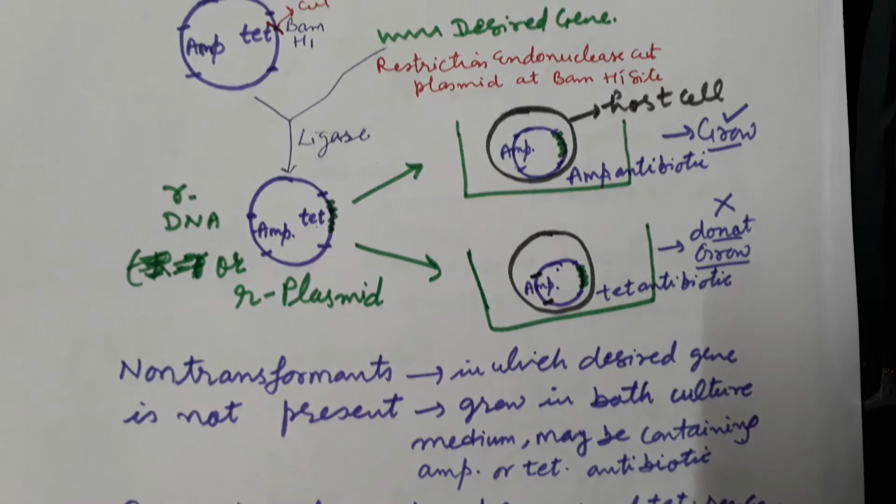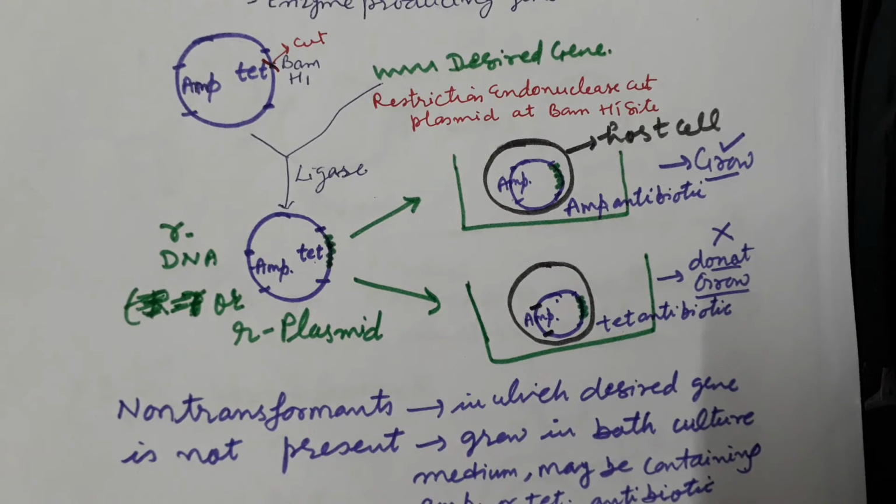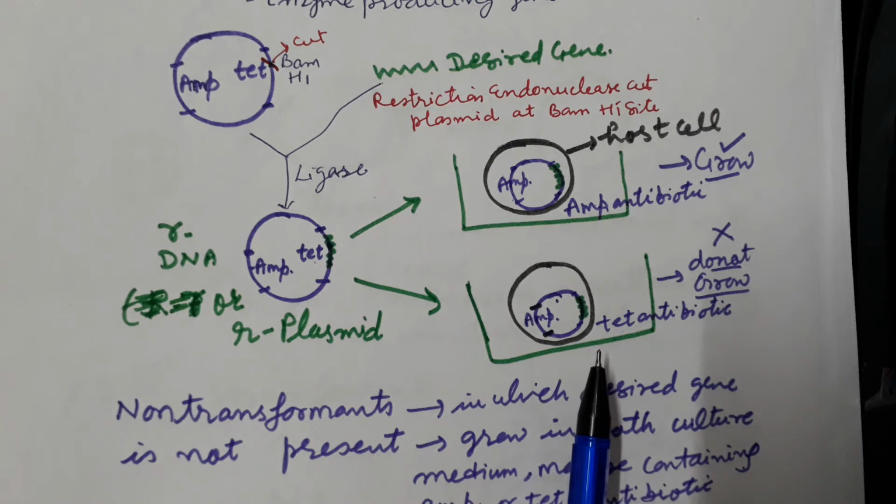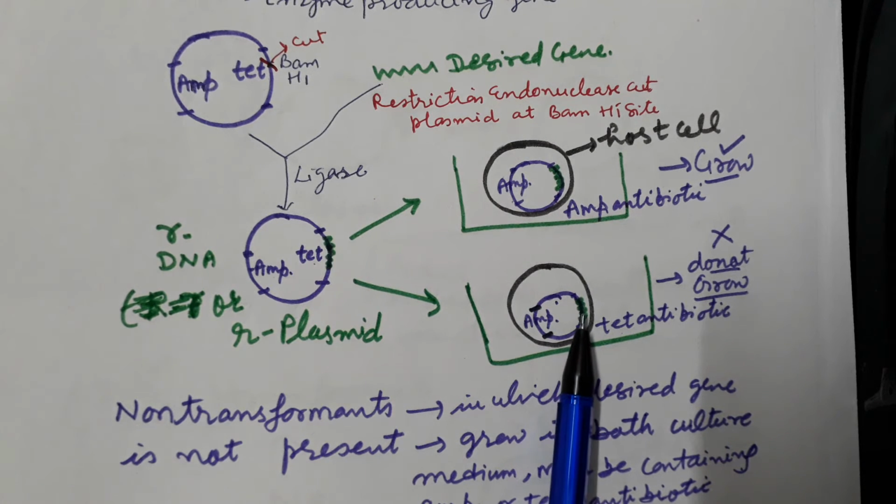So in this case, what we are observing is that one antibiotic resistance gene, ampicillin, helps in selecting the transformant, whereas the other antibiotic resistance gene, tetracycline, becomes inactivated due to insertion of the desired gene at the BamHI site of the tetracycline resistance gene.